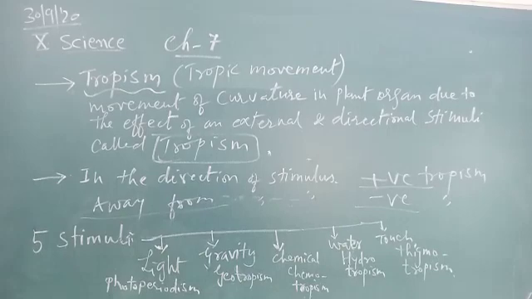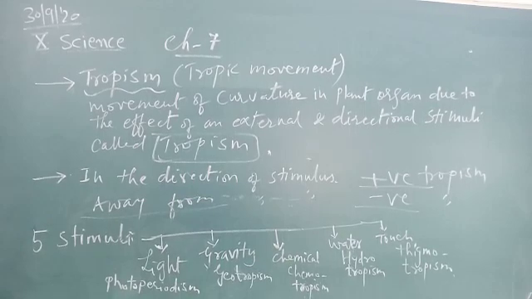Okay. Then the next one is geotropism. The movement of a plant in response to gravity, movement in the direction of gravity, is called geotropism. The stem always grows away from the gravity of the earth, so it shows negative geotropism, while roots always grow towards the gravity of the earth, meaning roots show positive geotropism. For example, if you tilt a potted plant and keep it for a few days, you can see the effect of geotropism.